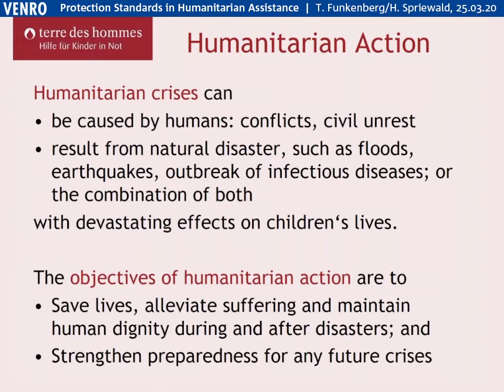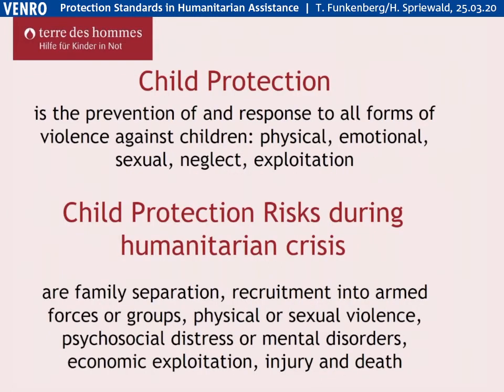In both cases, a humanitarian crisis normally has devastating effects on children's lives. The objectives of humanitarian action are to save lives, alleviate suffering, and maintain human dignity during and after disasters, and strengthen preparedness for any future crisis. Child protection. What do we understand under child protection?